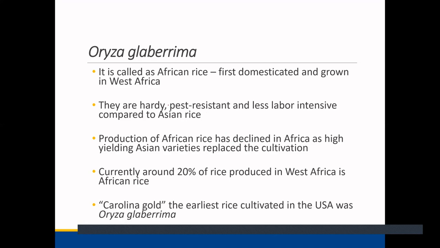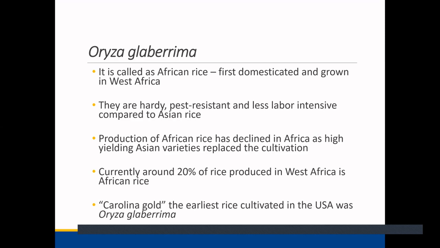And then production of African rice. Even though this was the dominant species in most of the African countries, including West Africa, currently the production of this rice has declined because the cultivation is being replaced with Asian varieties. They are high yielding, because there's not that much improvement, I mean, yield improvement programs targeted for this African rice species. Most of the improvement occurred for Oryza sativa, the Asian type.